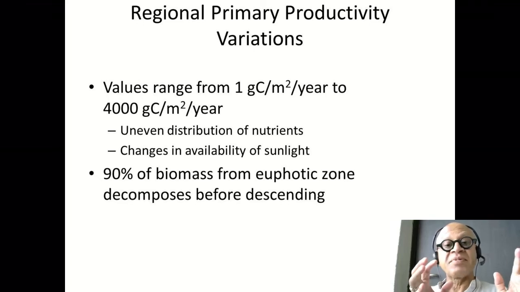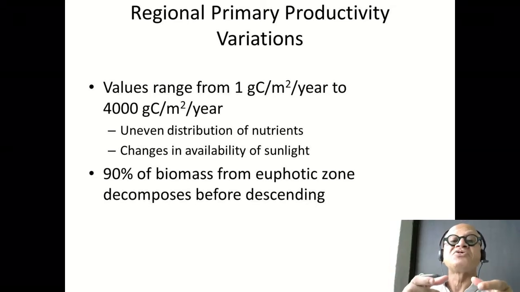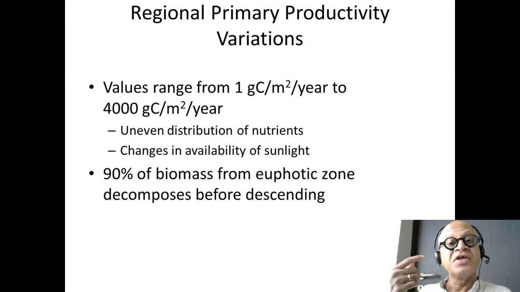That's always primary production, right? So the values can go from as little as 1 gram carbon per meter squared per year. So you're looking at annual primary production per square meter of the ocean area, to 4,000 grams of carbon fixed per meter squared in a year.